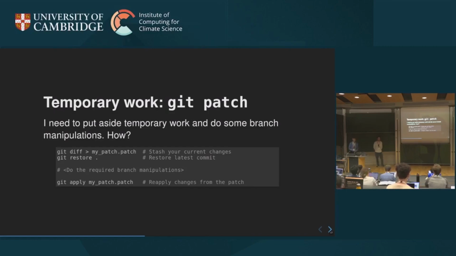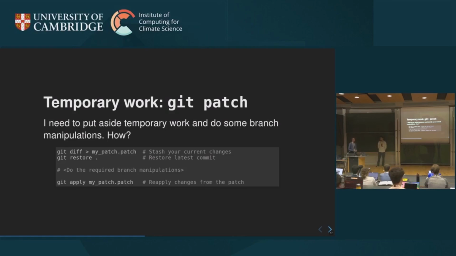So one option is to use git diff in addition to git patch. There's a snippet of code here that you can see. Git diff by default will either print to screen or put it into your default editor. You can pipe it out into a patch file.